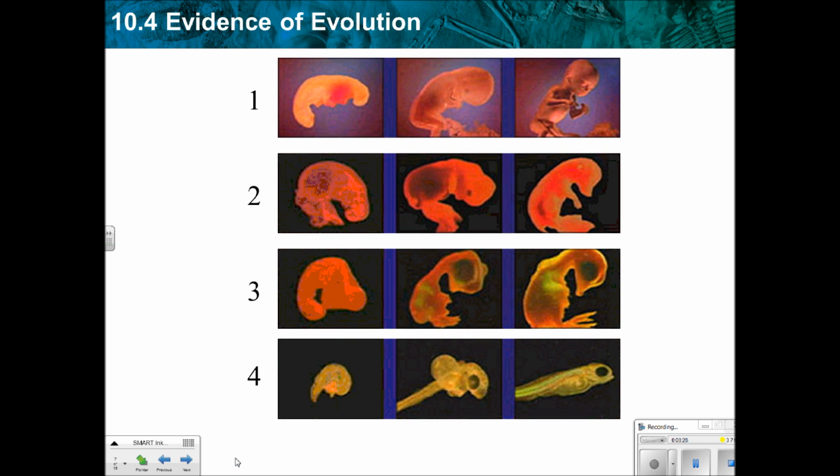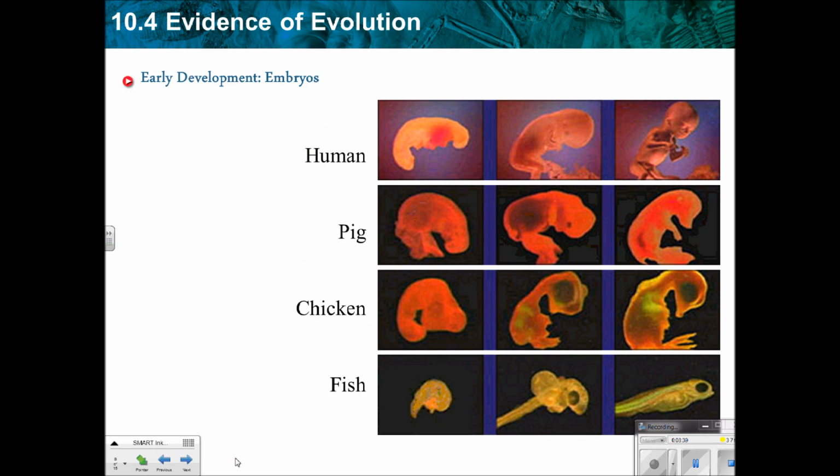Okay, let's see. So, this is more embryology evidence.